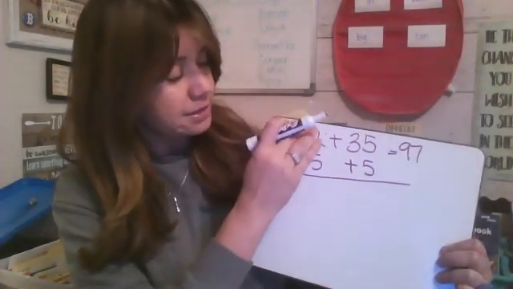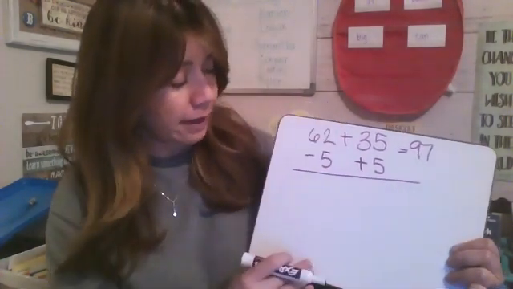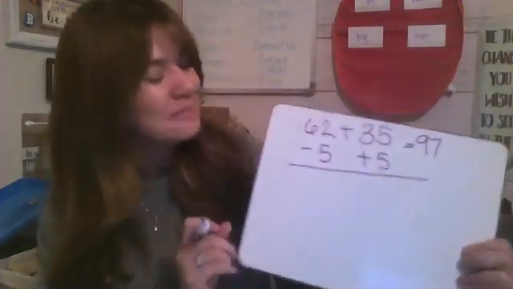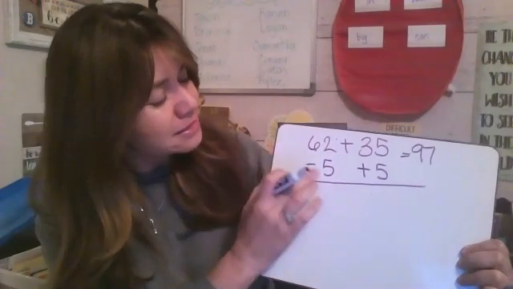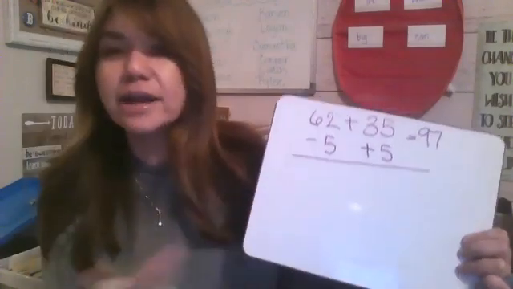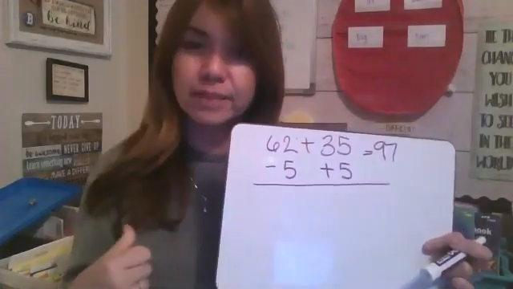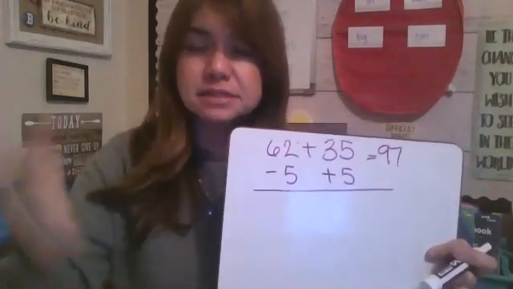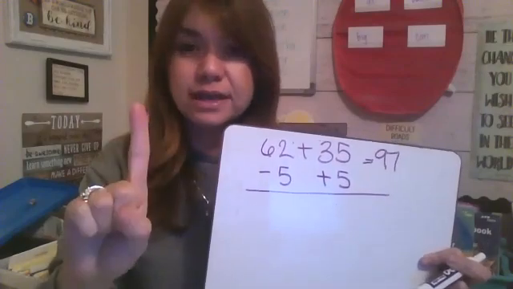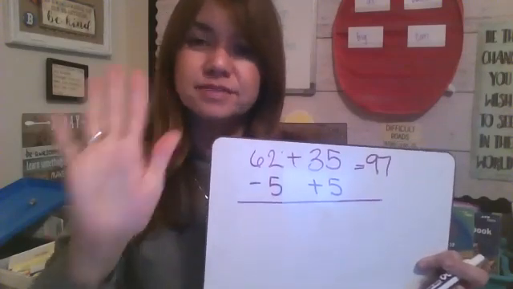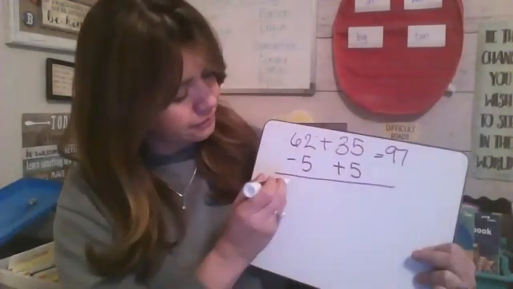And I'm going to now solve going from top to bottom. So now I have 62 minus 5. And I can go ahead and count backwards to solve for that. So I'm going to scoop up 62 and I'm going to count back 5. So it sounds like this: 62, 61, 60, 59, 58, 57. Okay, so I have 57 there.